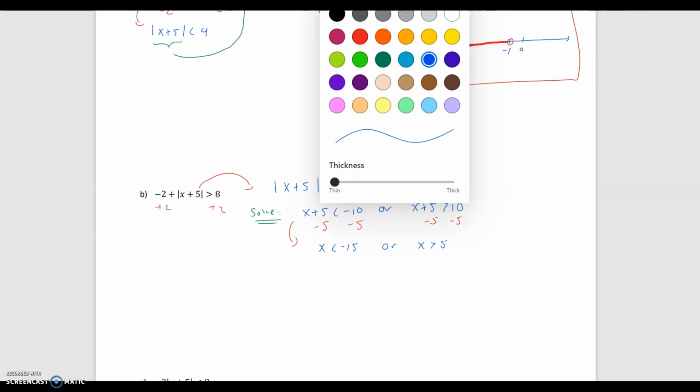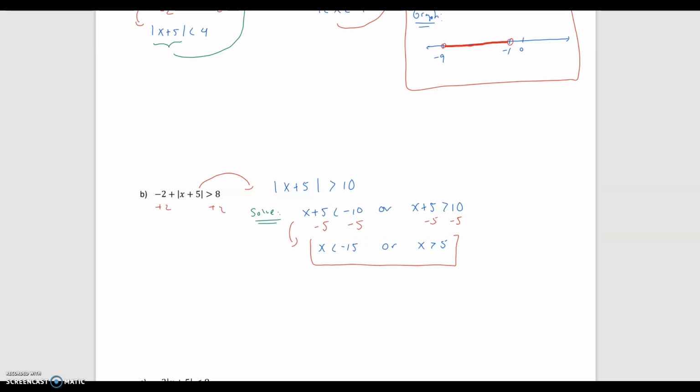So our main solution, let me box these two and then rewrite it. Solution: x is less than negative 15 or x is greater than 5. The graph of this one, this will be 0. I'll just put 5 here and negative 15. And also it's a greater statement originally, so as we do the breakup of those two, we're not including the boundaries.